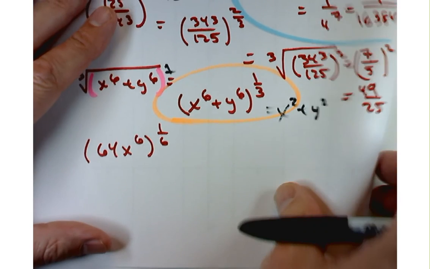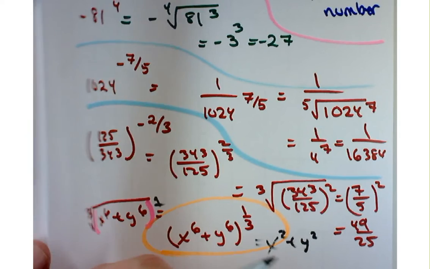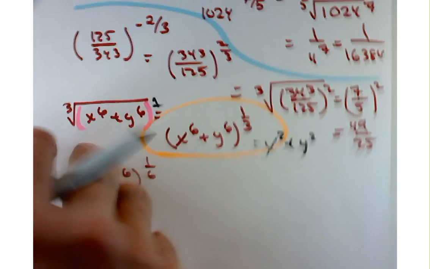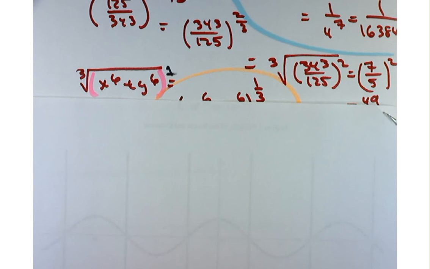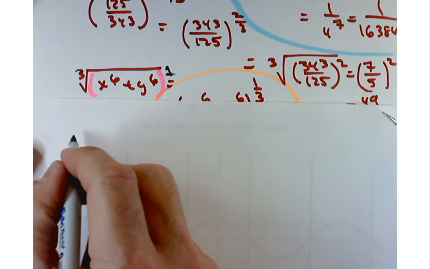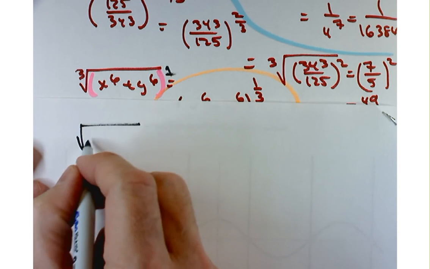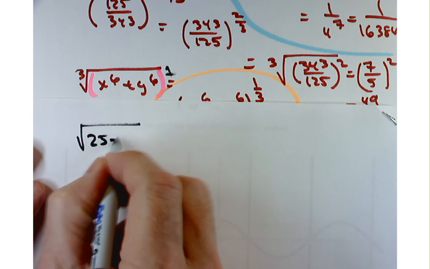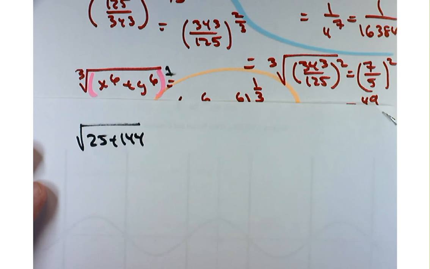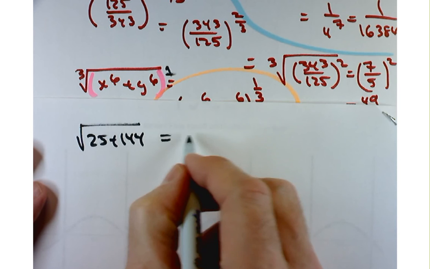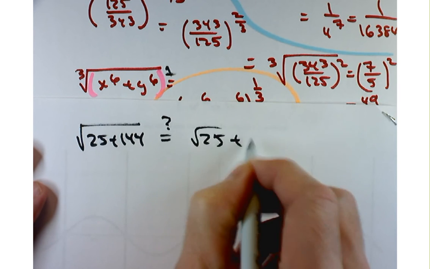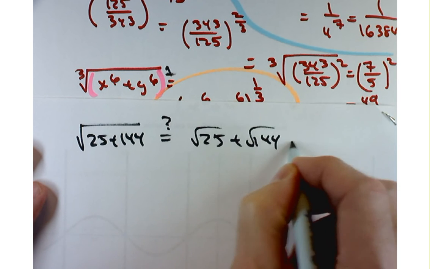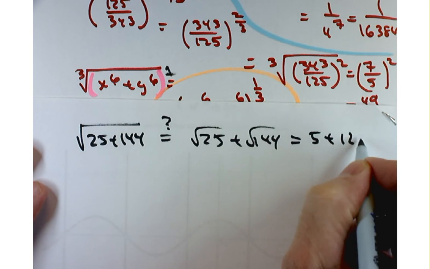So, as kind of an example that you can't take the square roots like this and just add them up, let me give you this example with square roots. So square root of 25 plus 144. It looks really tempting to say, oh, well, that's the square root of 25 plus the square root of 144, which would be 5 plus 12 is 17.